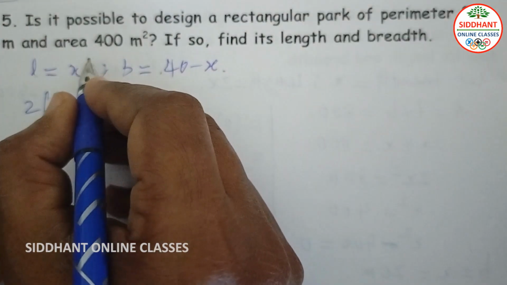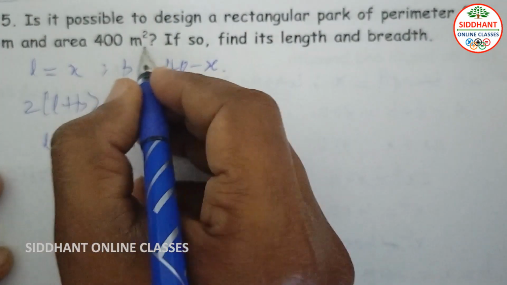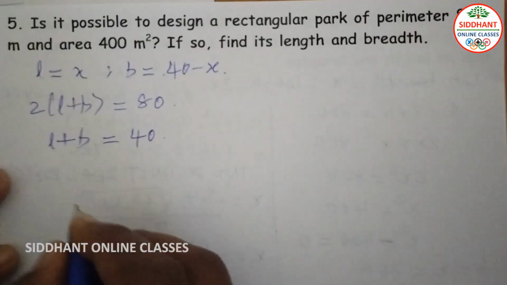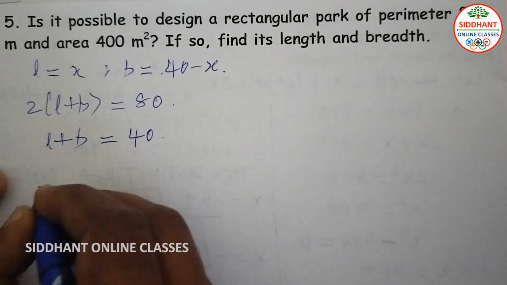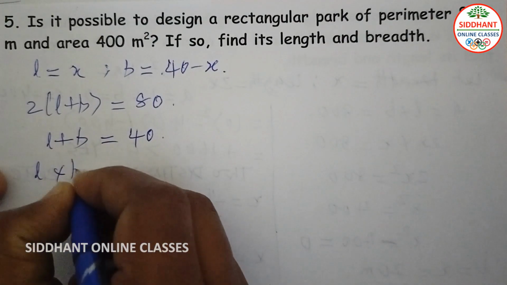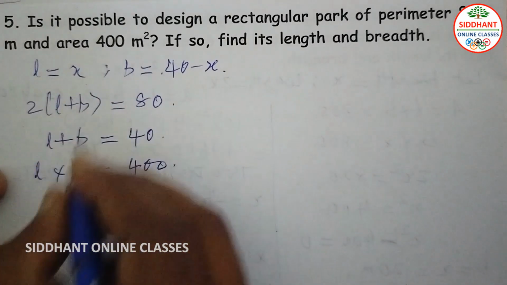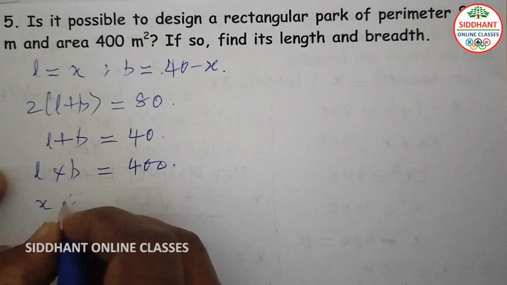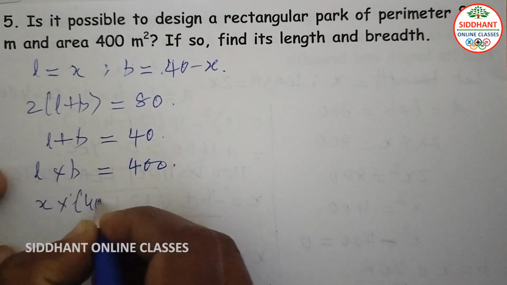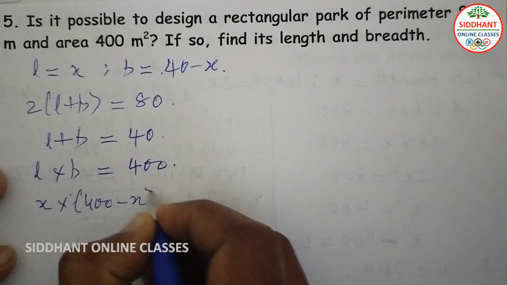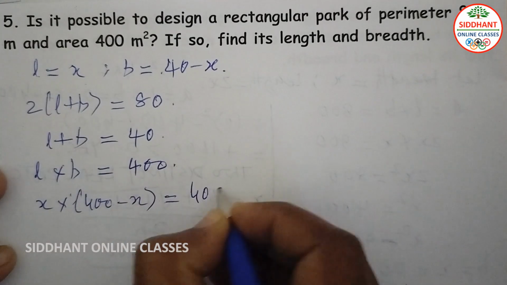And in the question they have given area is 400 meters square. That means length into breadth is equal to 400 meters square. So length is x here and breadth is 40 minus x, so that will be 400 here.